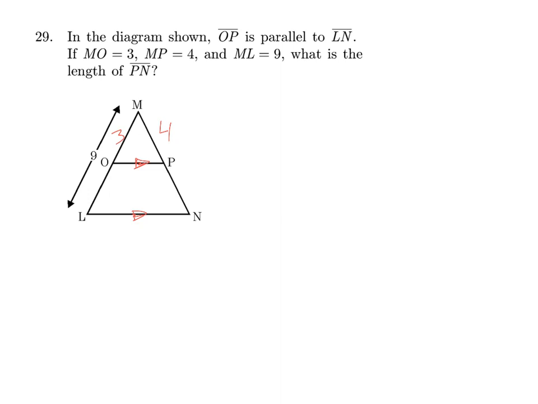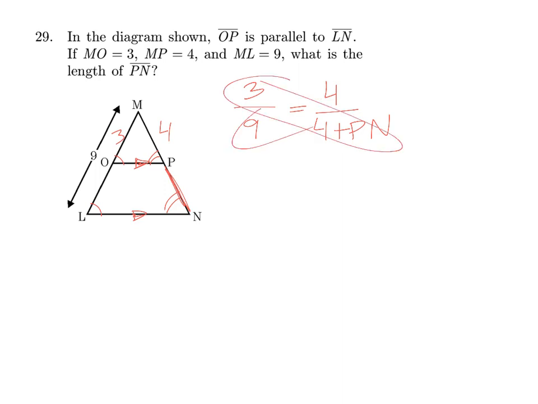So if I want to figure out PN, how am I going to do that? Well, I know that these triangles are similar by AA. So I'm going to set up a proportion. 3 corresponds to 9, and 4 corresponds to 4 plus PN. And now I could solve for PN. So I'm going to cross multiply.